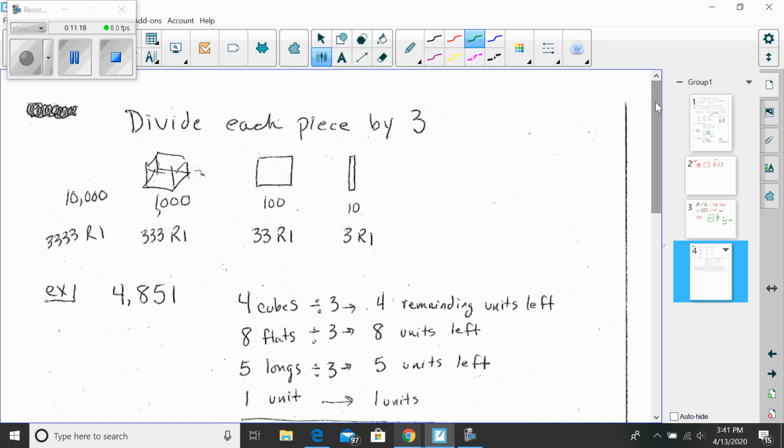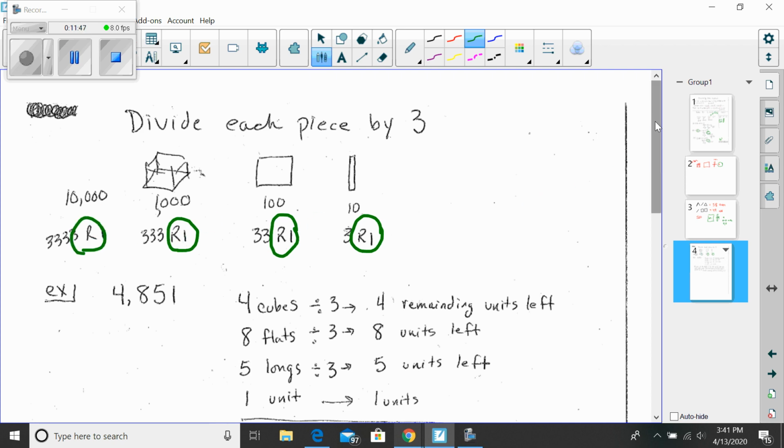And if I took each one of my cubes and I divided them up into 3 cups, right, I would have 1 remaining unit from each cube. Okay, and if I did that with my flats, I took each one of those flats and I broke them apart and I put them all into 3 cups, I would have 3 units left, 1 unit from each flat. Or I'm sorry, 8 units. Wait, let me try that again.